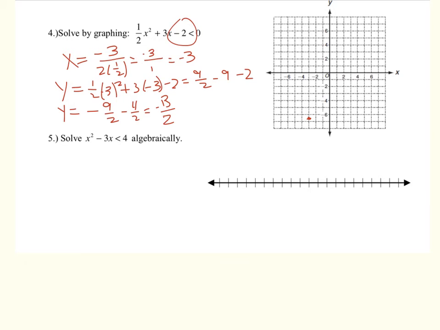Our y-intercept is negative 2, so we can plot that and mirror it. And then maybe I'll plug in one more point if I plug in 1. We get 3/2 or 1.5.